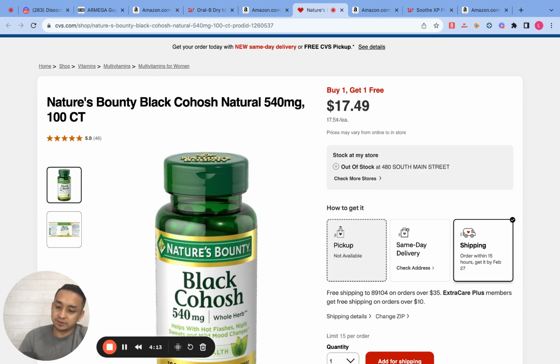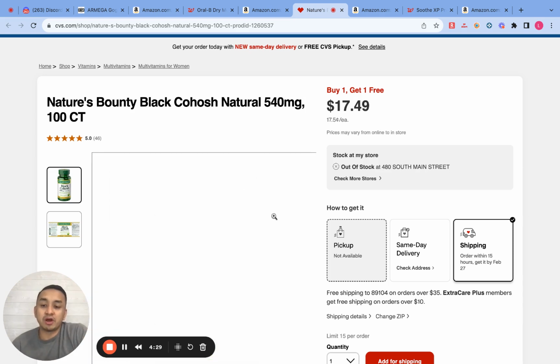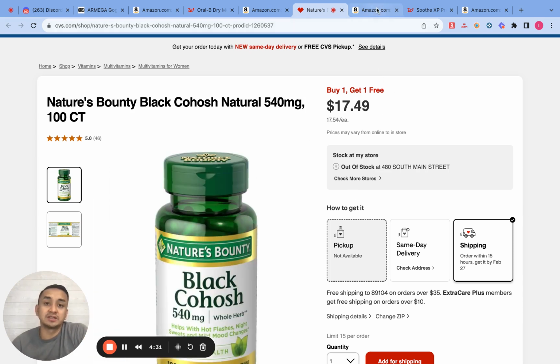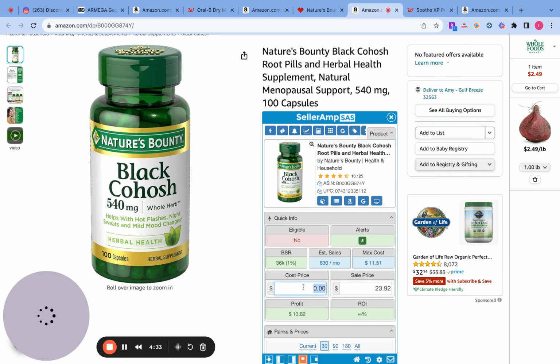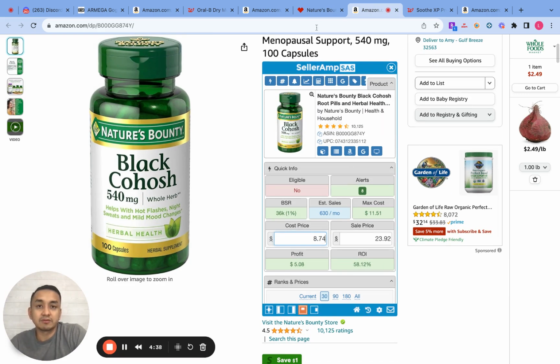So 17.49 divided by 2, right? So now 17.49 is going to be divided by 2, which means one piece of this product is $8.74. And from here, we plug it here, $8.74 under cost, right?